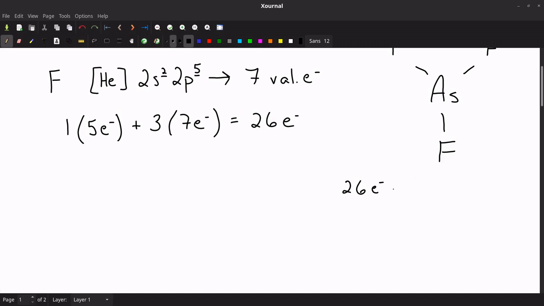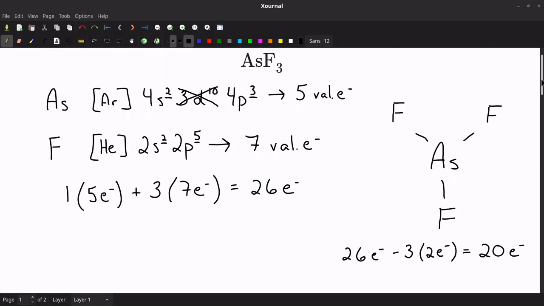I had 26 electrons in the bank. I just made 3 bonds, so I need to burn 3 bonds worth of electrons. And I'm going to be left with 20 electrons. Those 20 electrons need to go onto these fluorines.